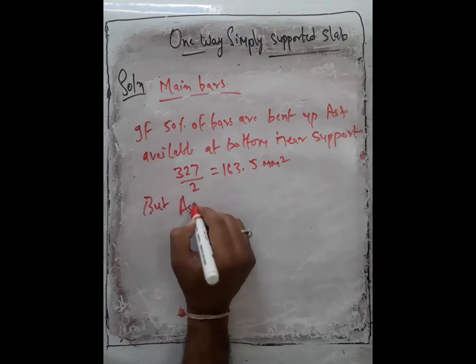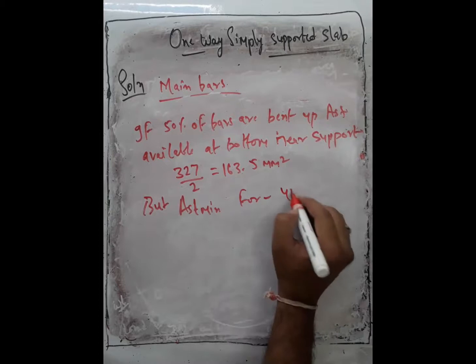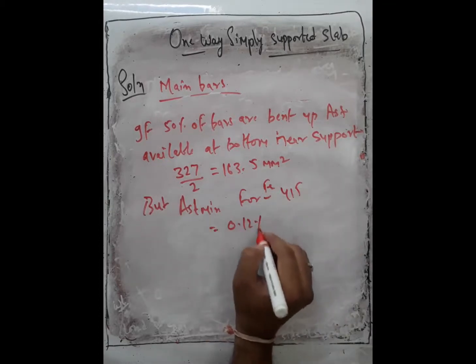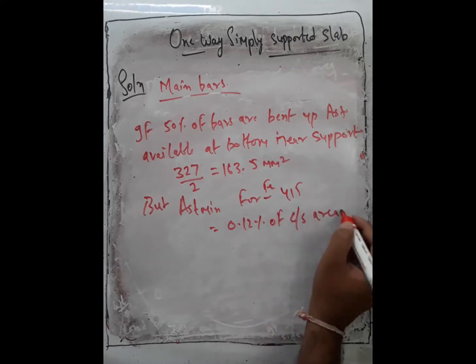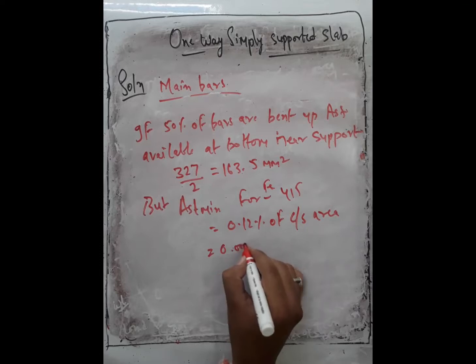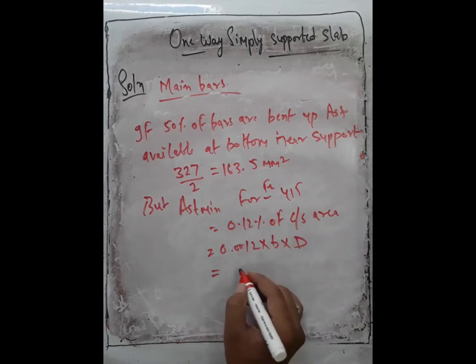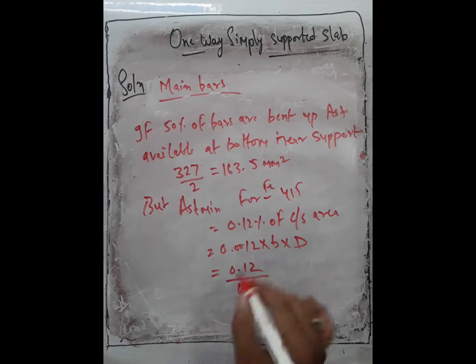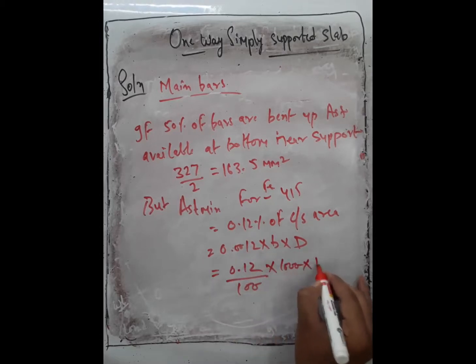AST minimum for Fe 415, we have one formula: 0.12% of cross sectional area or 0.0012 into B into capital D. Okay, so 0.12 divided by 100 or 0.0012, B is 1000 and capital D is 175.